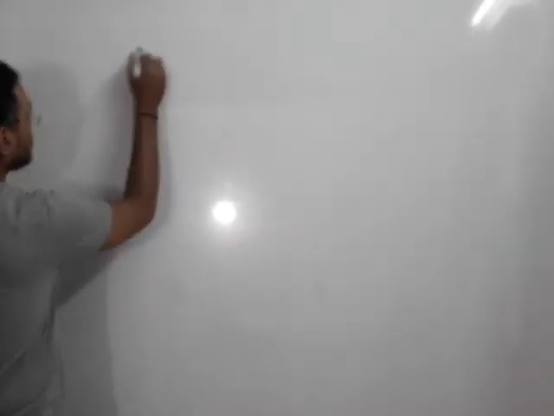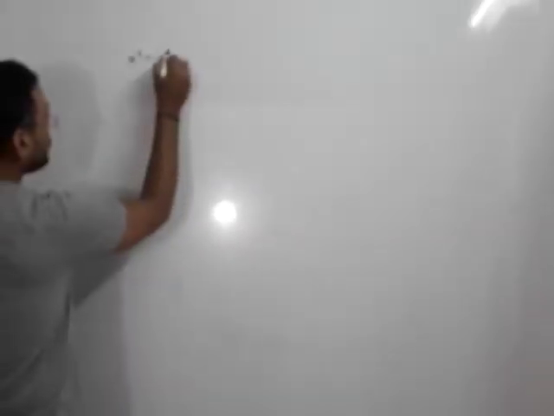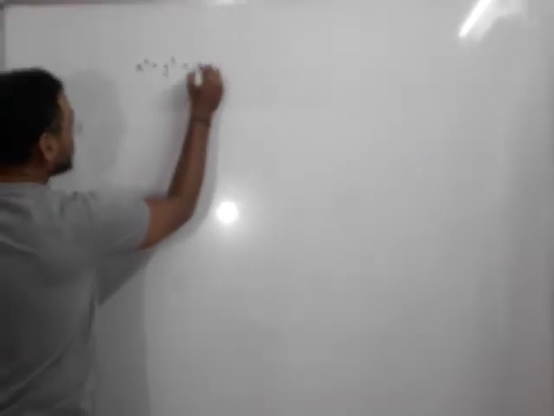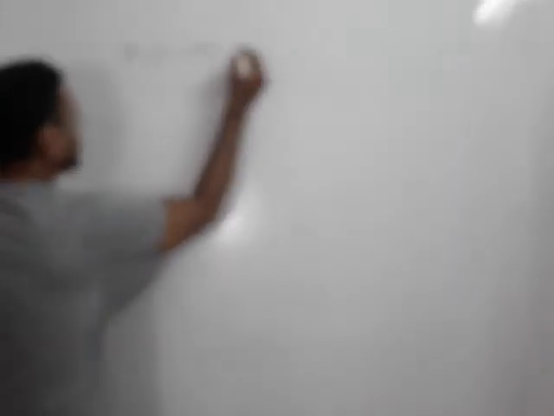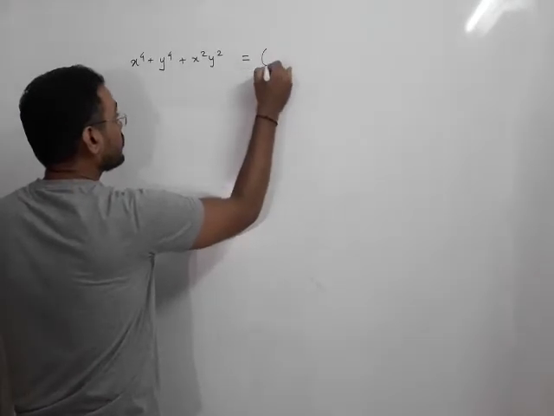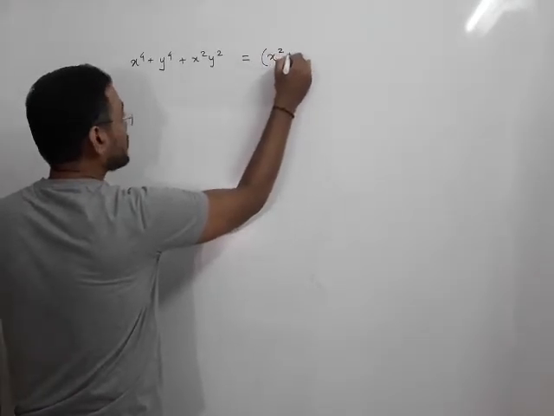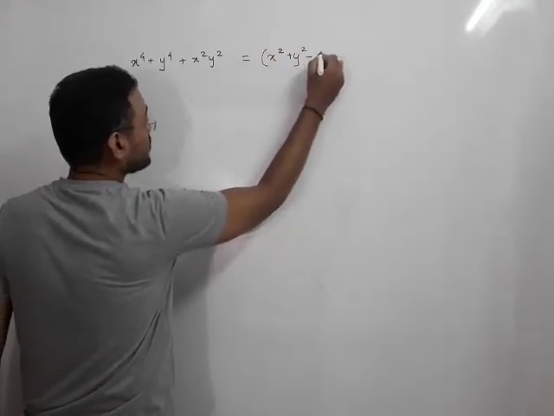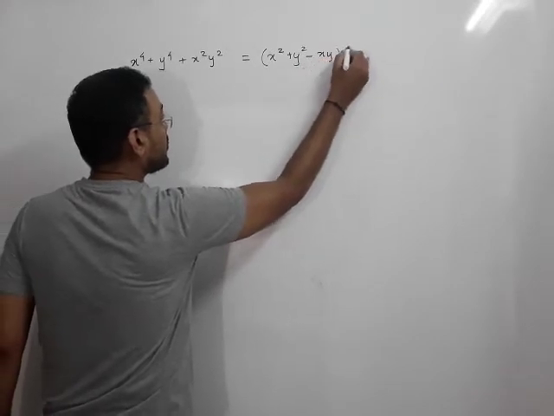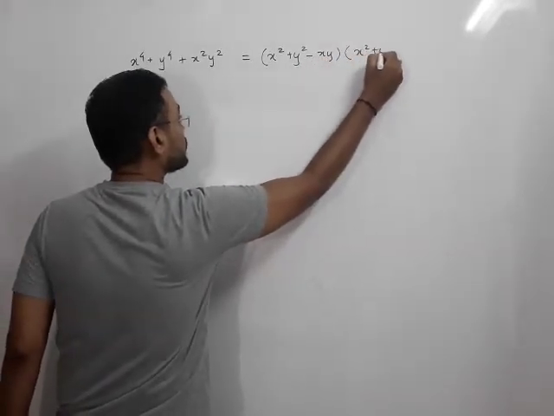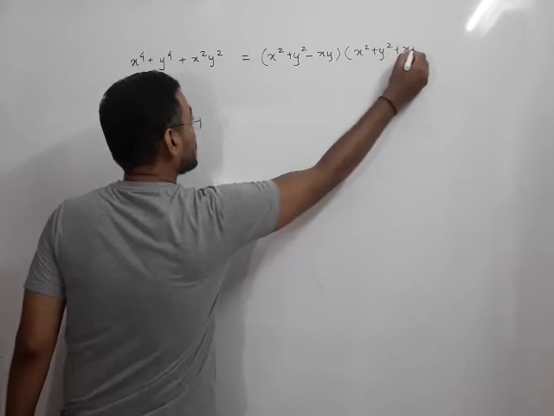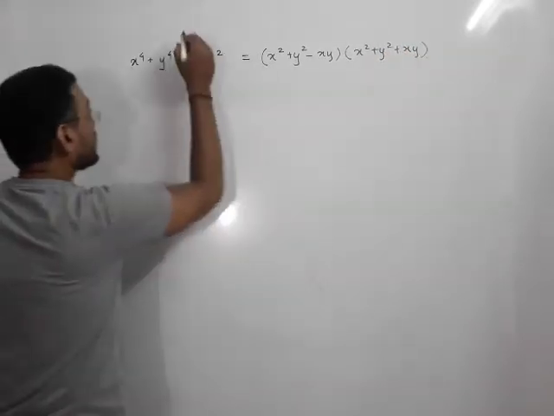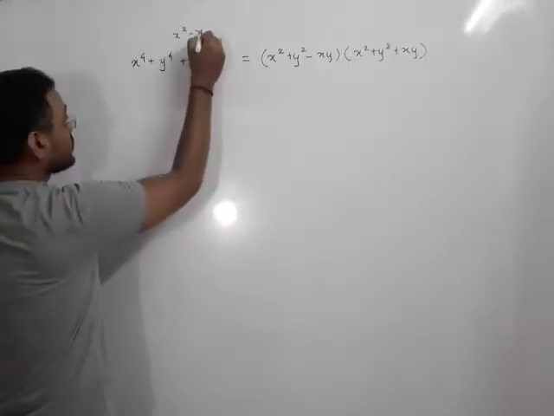It was x raised to 4 plus y raised to 4 plus x square y square. I told you to learn it by heart as x square plus y square minus xy into x square plus y square plus xy.